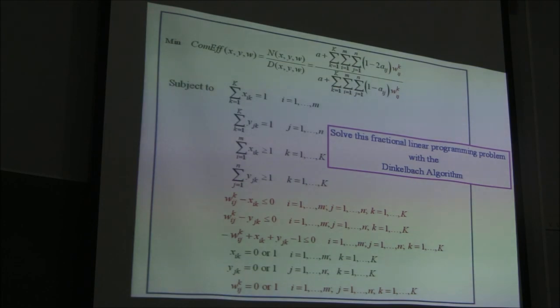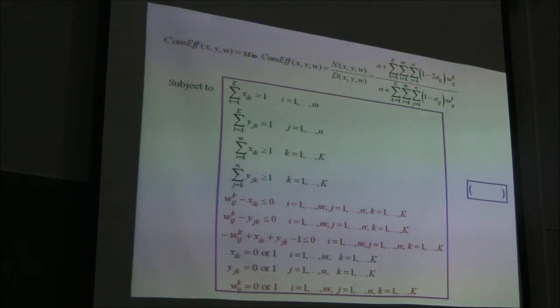So we use then the Dinkelbach procedure to deal with this problem. And we apply straightforwardly the Dinkelbach procedure to solve this problem. So let me summarize very rapidly the procedure, and we'll see what kind of numerical results we can get.